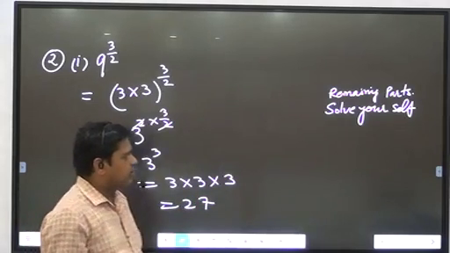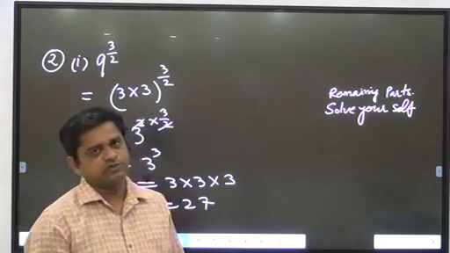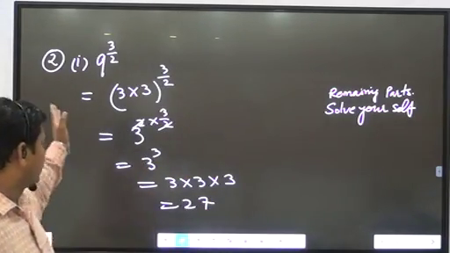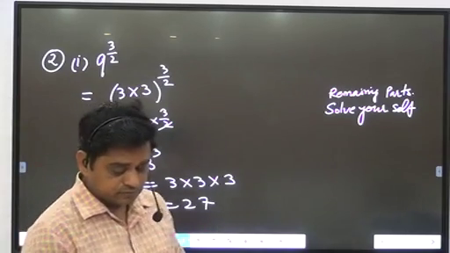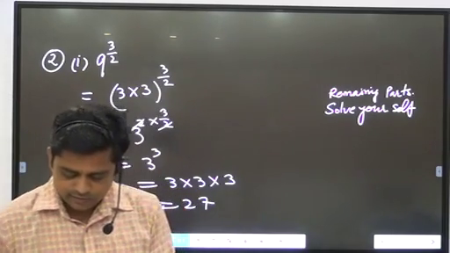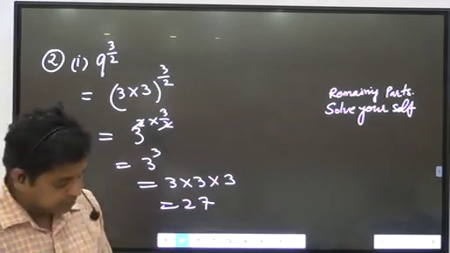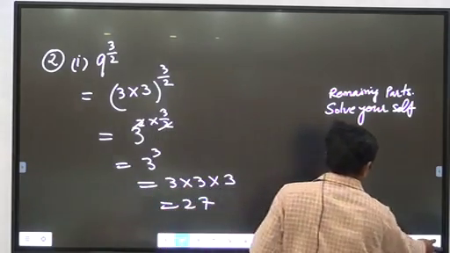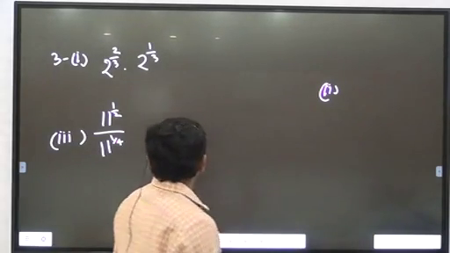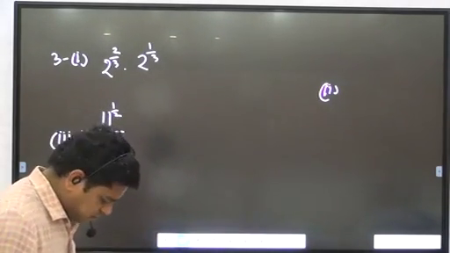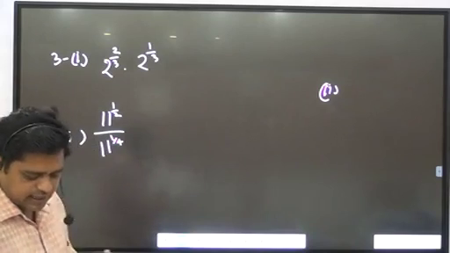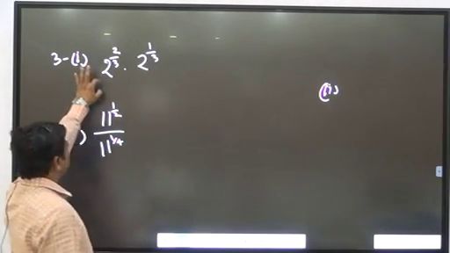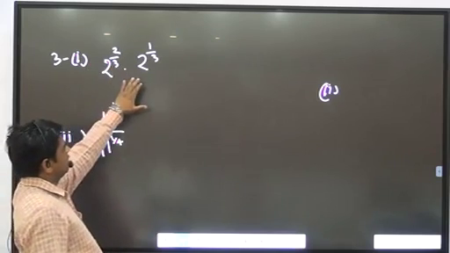The remaining part of the same question you will solve. Definitely you can solve it, because all the parts are so simple. And the next one, question number 3, first part. It is a somewhat different kind, but the properties are the same: 2/3 to the power 2 and 1/3 to the power 2.